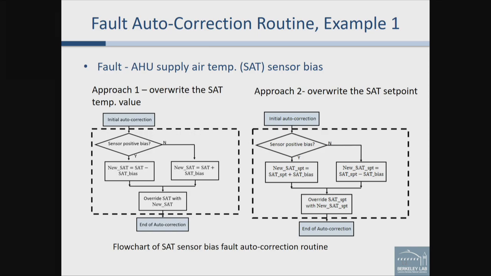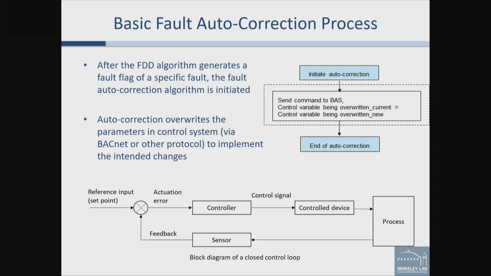We can override the supply air temperature value by adding or subtracting the bias to its current reading. How can we do that? In the control system settings of the sensors, there is a calibration value. We can overwrite that calibration value at this component. So when the sensor provides the feedback, it automatically works in this bias value, and then it provides the correct value.